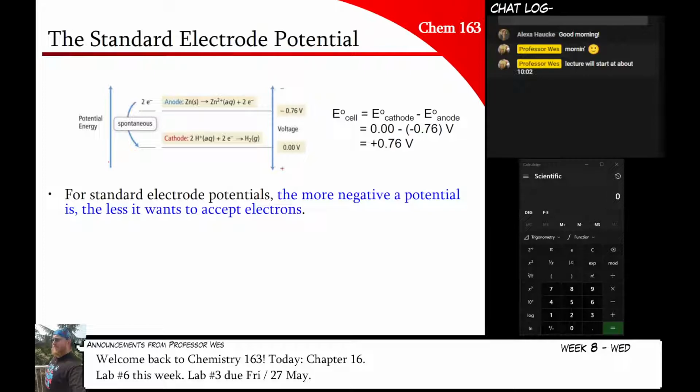So to summarize what we talked about in that previous reaction there, the more negative potential you have, the less likely it wants to be reduced. Things with negative potentials want to be oxidized. They want to give their electrons away.